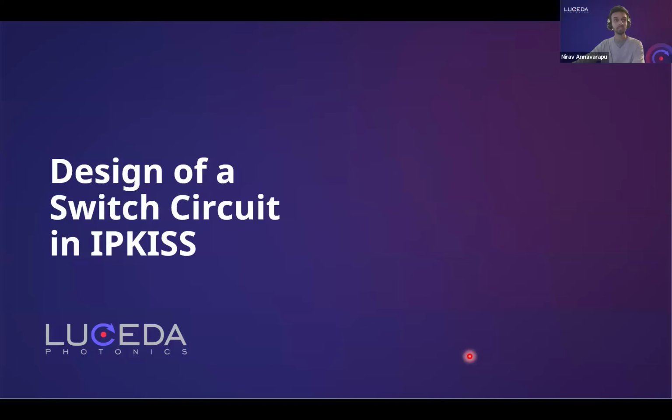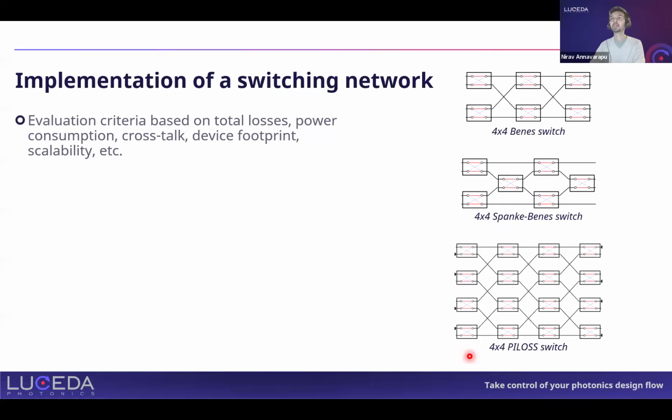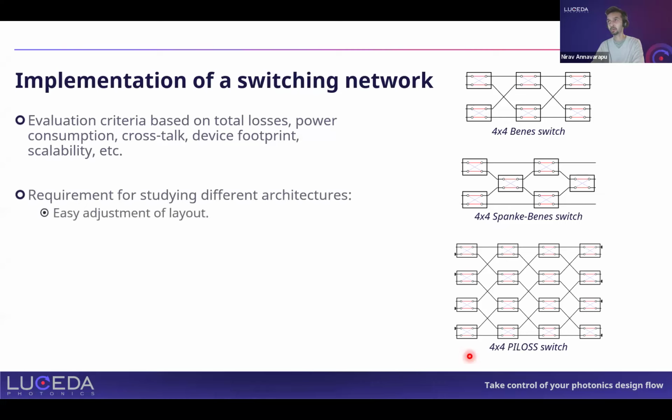All right, so let's dive into the topic of this webinar, which is switch design. As I mentioned at the start of this presentation, you can have different switch architectures and you want to evaluate the properties such as insertion loss, crosstalk, and footprint rigorously. What you want from your design tool is the ability to adjust the layout of your circuit and do simulations with ease. So you want to be able to iterate over different designs easily and make changes to your layout.